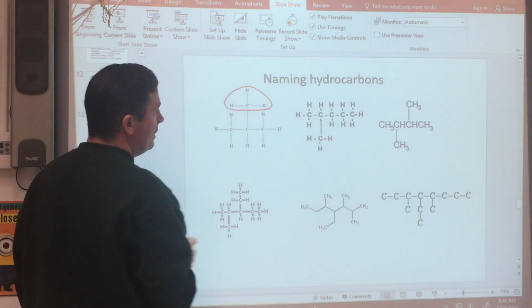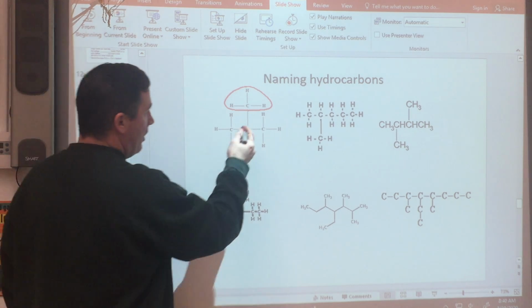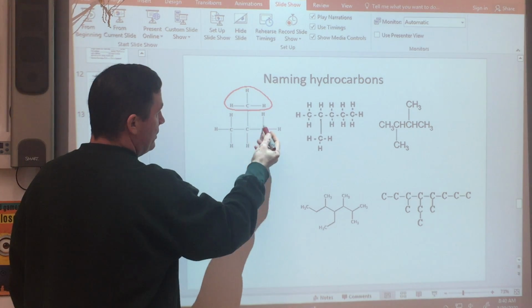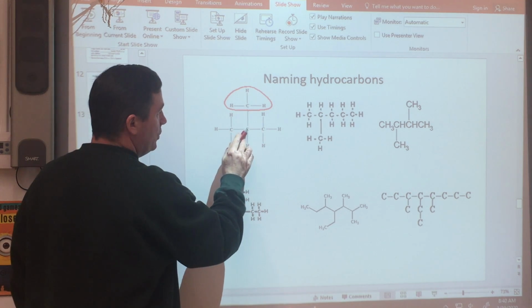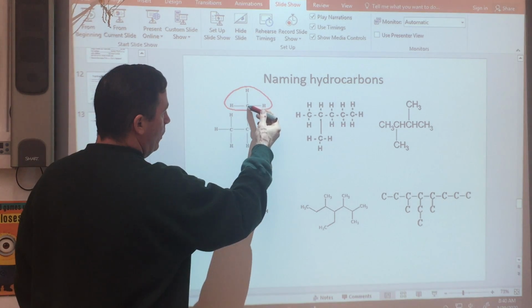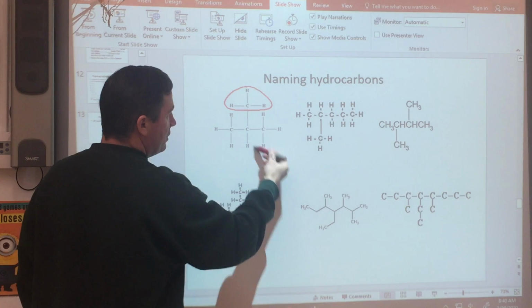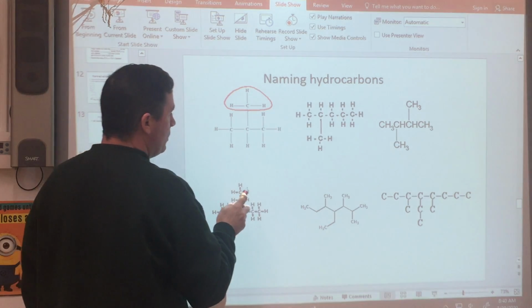So this is a methyl group. If I started here, it wouldn't matter. It's in the same position, 1, 2. If I start here, it's 1, 2, 3. Even if I started here, 1, 2, then this would be the substituent group. All right? So let's keep it simple on the first one.